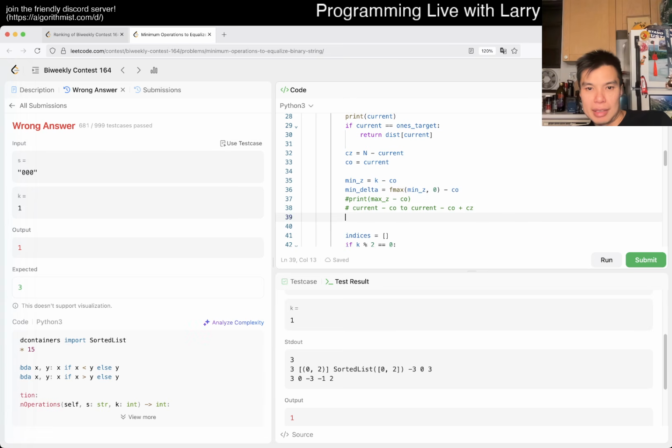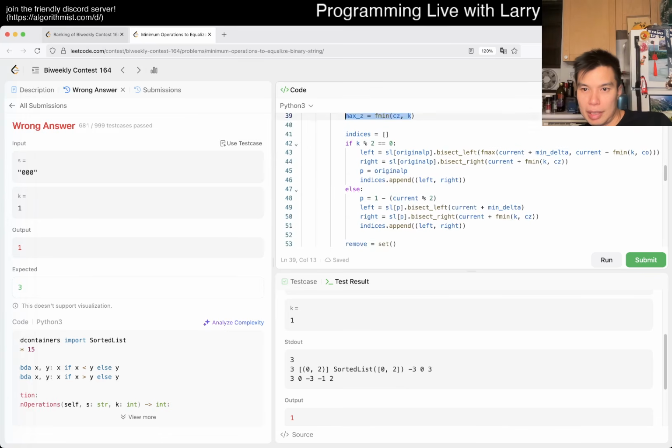But then now you have max Z is equal to, or just K, kind of, right? Max Z is equal to max of, or min of Z or K. So then now this is the thing that we had.